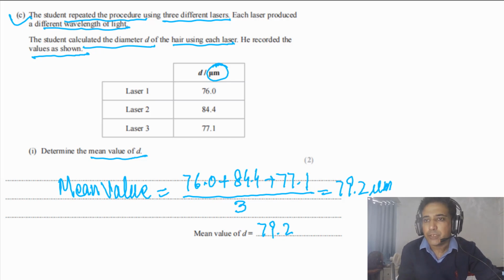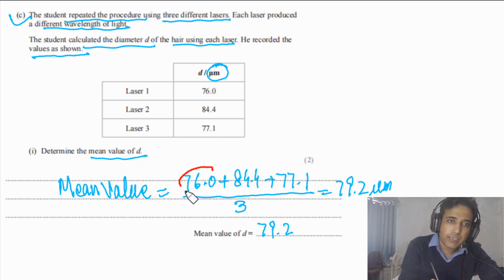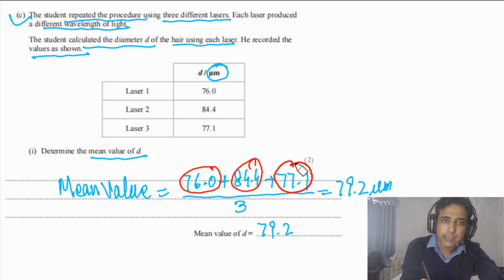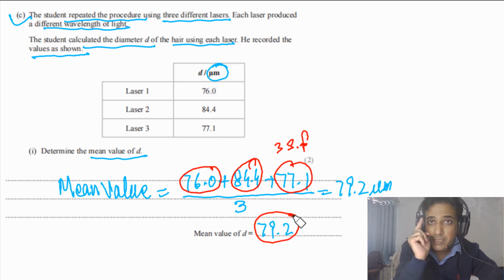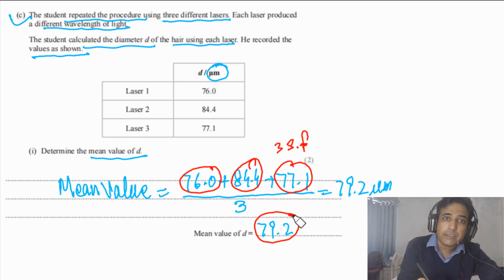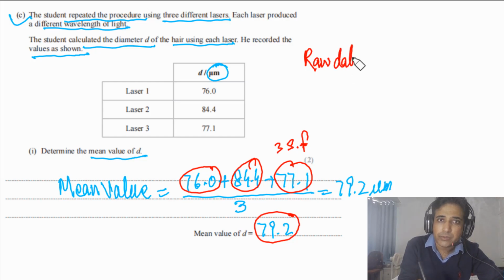One thing you have to be careful about is that the given data has 3SF, this has 3SF, this has 3SF. So the final answer also should have 3SF. Let me write down the number of SF. Let's say we have raw data, and this has 2SF, then this has 3SF.